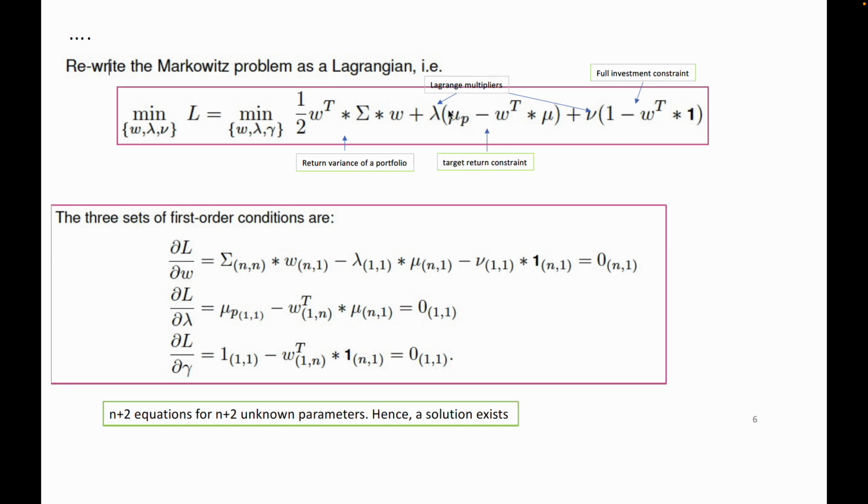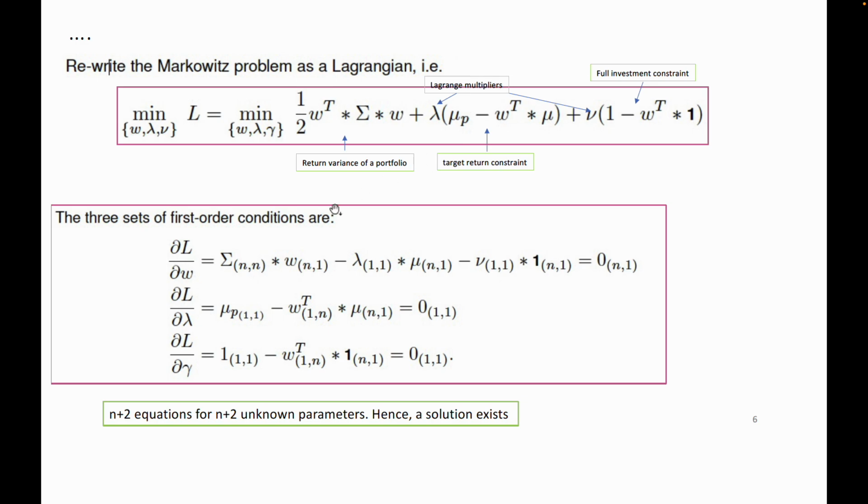So we have two linear constraints, and we have our objective here. The Lagrange multipliers combine these, and we want to minimize the Lagrangian. So we want to find a portfolio holding w so that the return variance is minimized, while at the same time these two constraints are fulfilled.